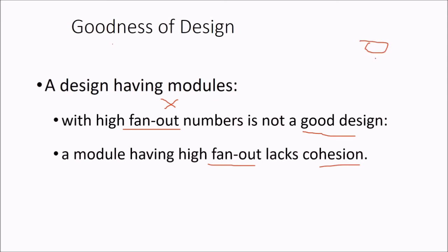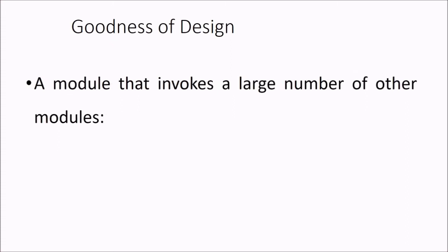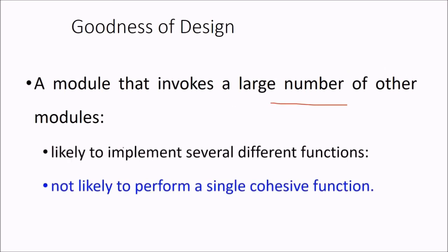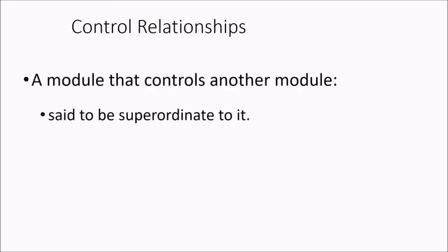If a module is fanning out to a large number of modules, then we say that the fan out is high, it lacks cohesion, and it is not good for our design. A module that invokes a large number of other modules, that is high fan out, is likely to implement several different functions, and it is not performing its own single cohesive function. It is not likely to.